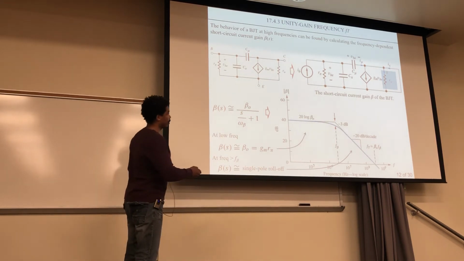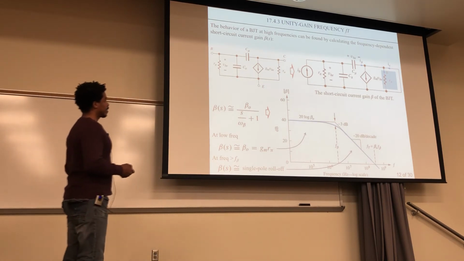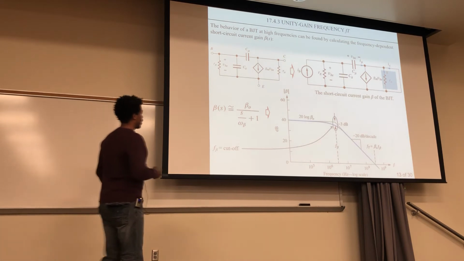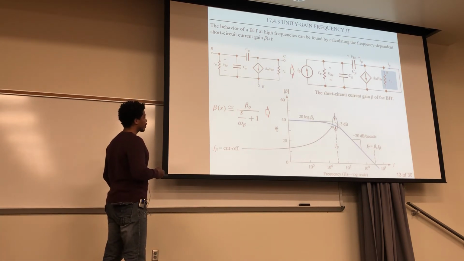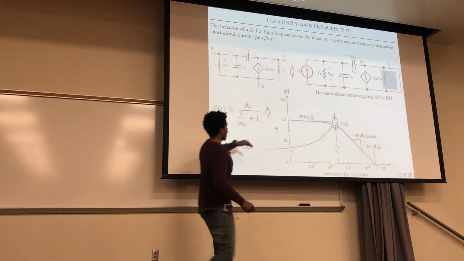Another thing you notice here is that this beta cutoff right here is always going to be 3 decibels down from the max. So your max is sitting at gm r pi, your beta 0, and 3 decibels down from that is the point where you're having your cutoff.